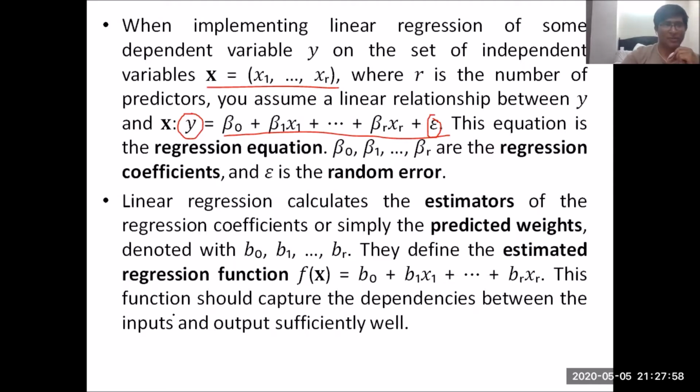So we can define this model in this fashion, right? The function should capture the dependencies between your input and the output sufficiently well. So whatever dependencies there are between all the x, that is, all the independent variables, these regression coefficients must fit those interdependencies between your x well enough so that this model becomes a better model, right?